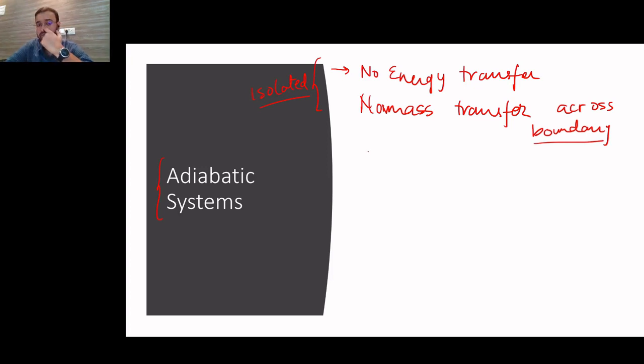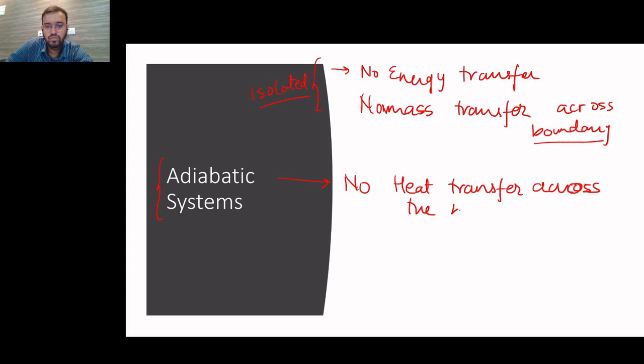In adiabatic systems, there is no heat transfer across the boundary. So in this case, there is no heat transfer; in the isolated case, there is no energy transfer. You have to understand this is a very, very important distinction.